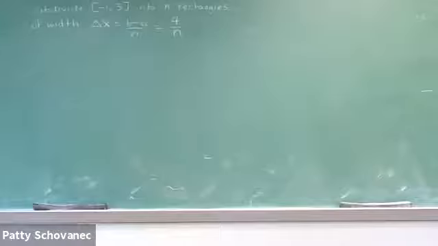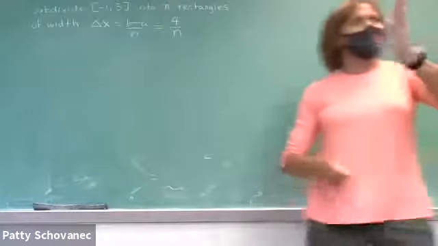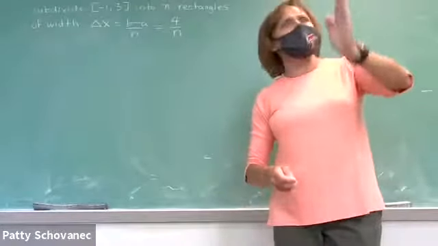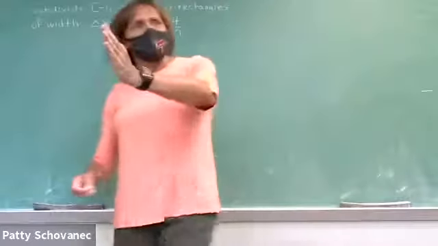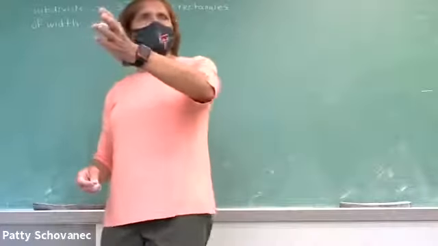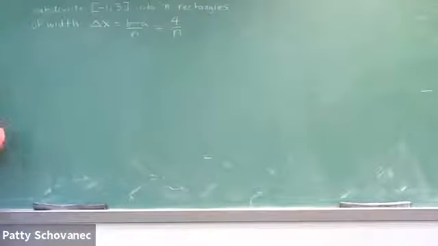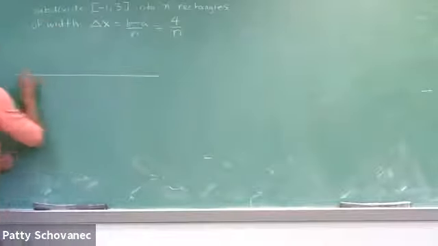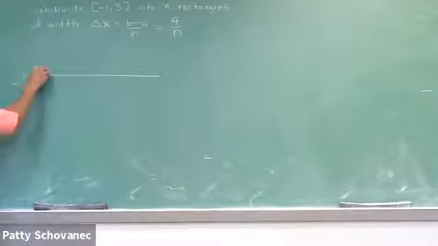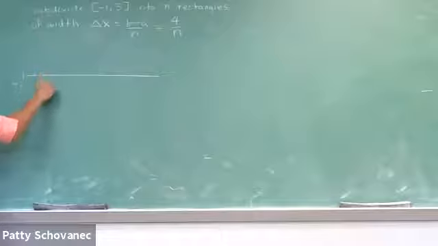So I'm going to each time start with my left endpoint. Then I'm going to take left endpoint plus 4 over n, then left endpoint plus 4 over n plus another 4 over n, then left endpoint plus 3 4 over n's, and so on. So here's the interval. My first subdivision occurs at -1 plus 4 over n.